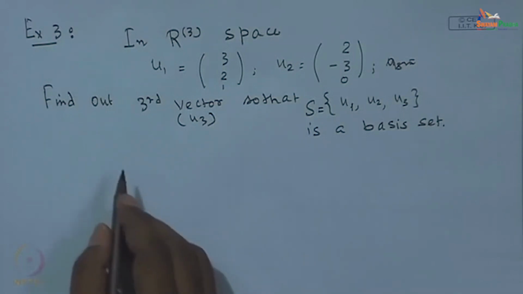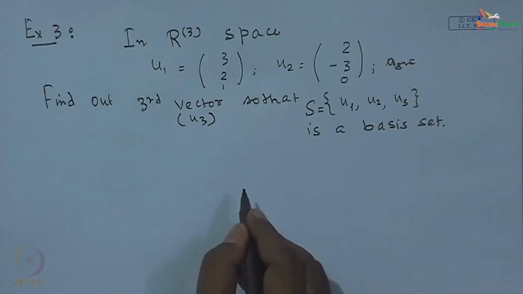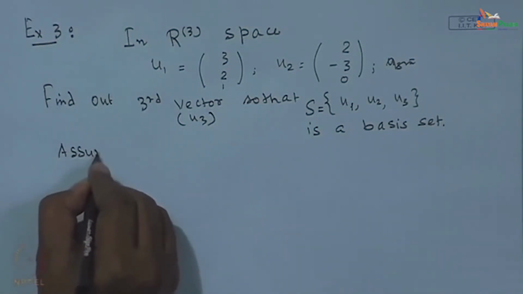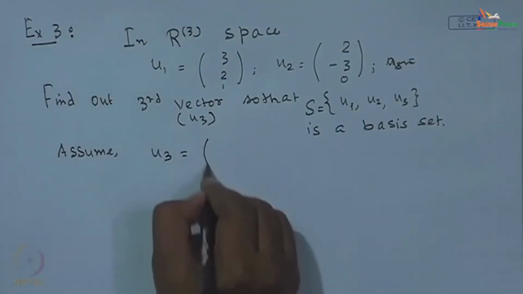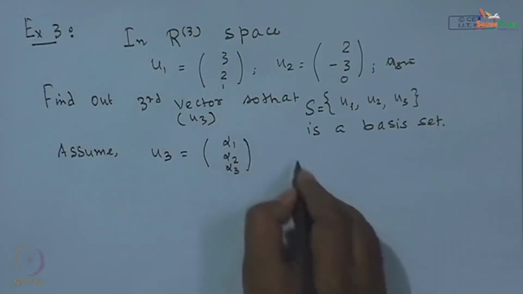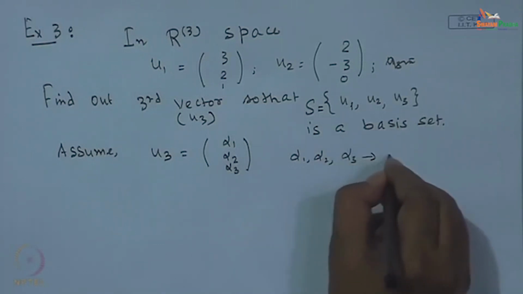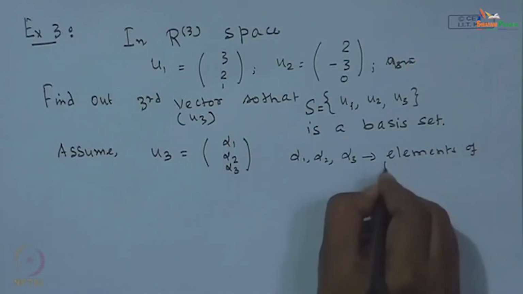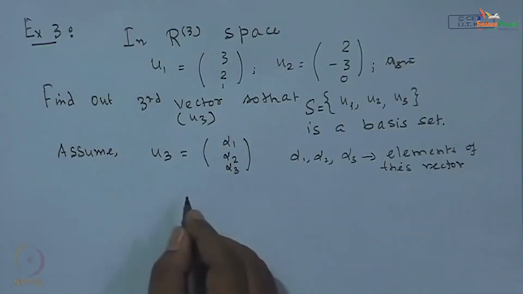So, if you look at this problem, first we do not know the elements of the third vector. Therefore, we assume vector number 3, that is u3, is nothing but alpha 1, alpha 2, alpha 3, where alpha 1, alpha 2, alpha 3 are elements of this vector that we are going to determine.